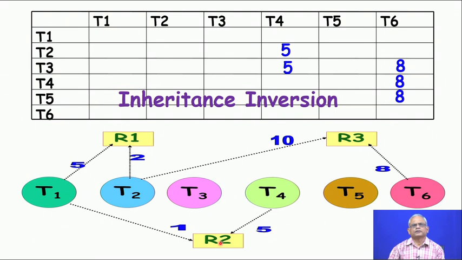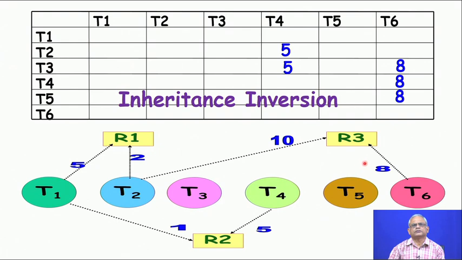But what about the resource R3? When T6 is using the resource R3 and T2 is waiting for the resource, T3, T4, T5 will be prevented from using the CPU, because T6 is executing with a high priority, that is the priority of T2. And what will be the duration for which T3, T4 and T5 will undergo the inheritance related inversion?